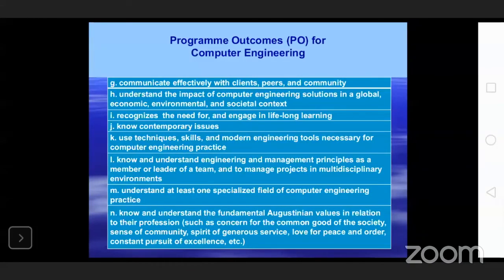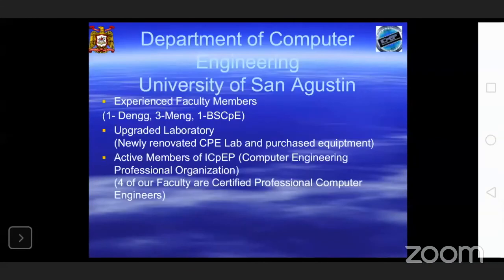So why choose computer engineering at the University of San Agustin? Here we have experienced faculty members. We have one doctor in computer engineering, then three masters in engineering and one BS in computer engineering.